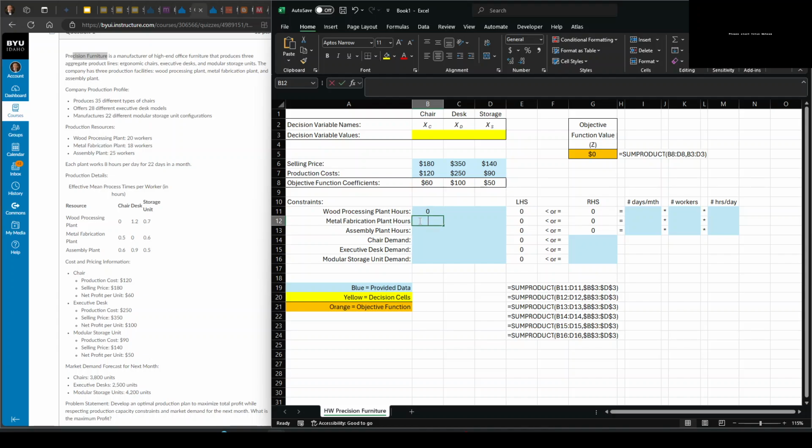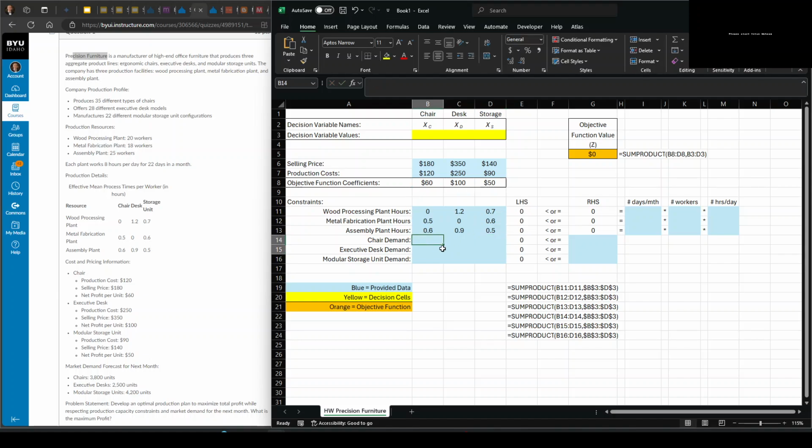There's 0.5 hours going into the chair at the metal fabrication plant, and there's 0.6 at the assembly plant. For the desk it's 1.2, 0, and 0.9 for each of those plants. And for the storage unit, 0.7, 0.6, 0.5.